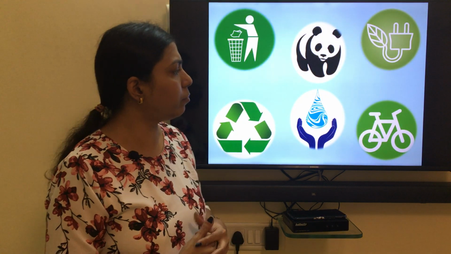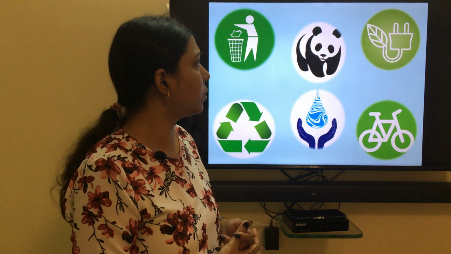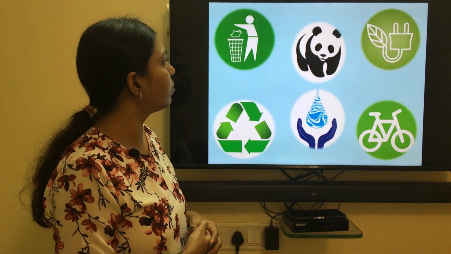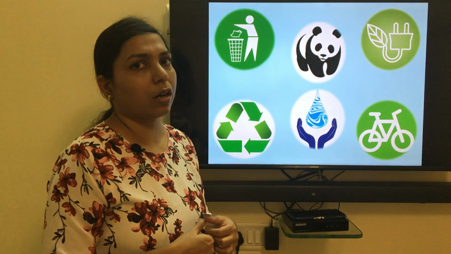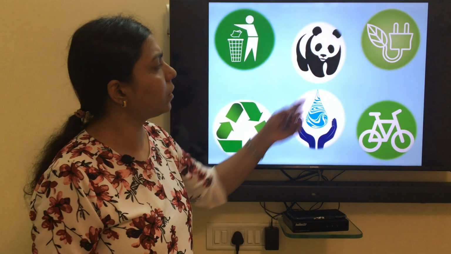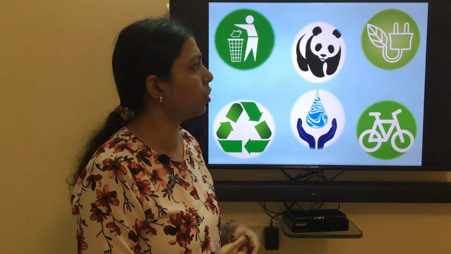Now these are different symbols which are used by different organizations with regards to environment. Here it's the symbol of making sure that we don't litter, we don't dirty our environment. This is the logo for WWF, which is your World Wildlife Federation.